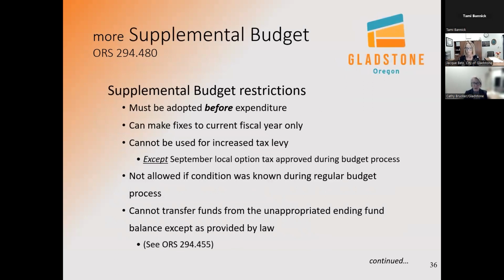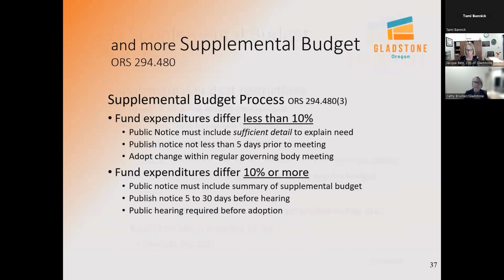Supplemental budget restrictions do apply, reinforcing the need to anticipate the budget needs as completely as possible at the time of formulation. Next slide. Supplemental budget processes, as I was saying, the fund expenditures differ less than 10%. We can publish notice and then adopt a change within the regular governing body meeting.